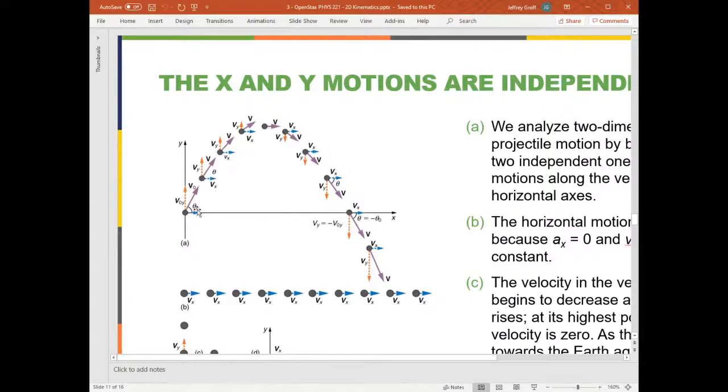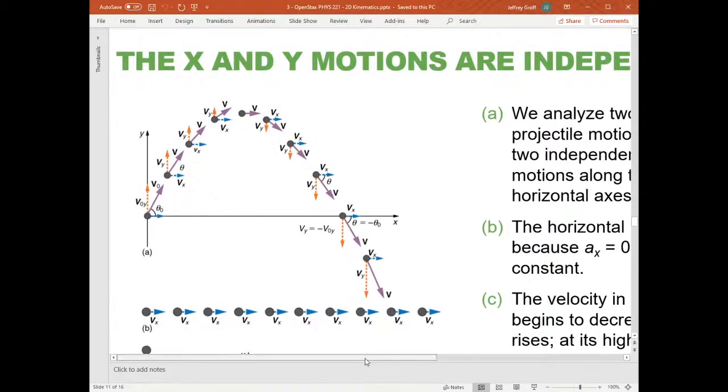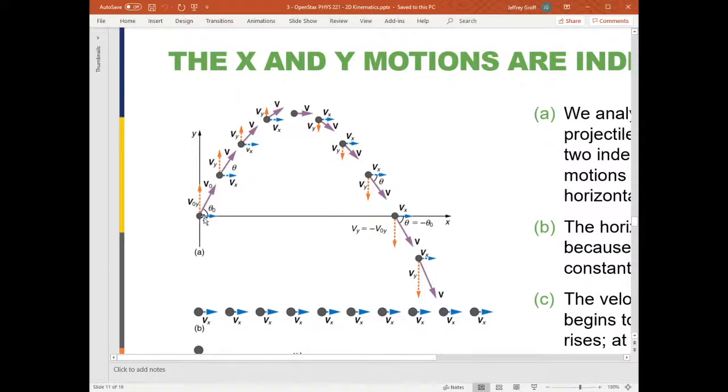Okay, and what you're seeing is that at each of these moments in time, there's a vector imposed upon the object, showing the direction and indicating the magnitude of the velocity of the projectile. And that vector, which is purple in this picture, is broken down into its x and y components.